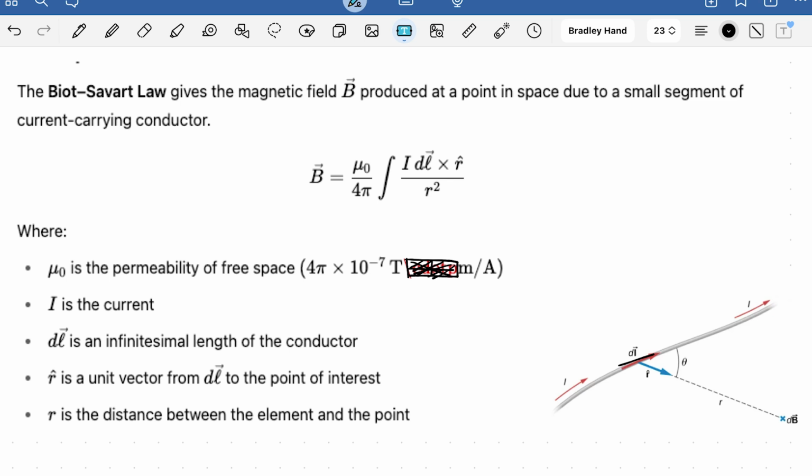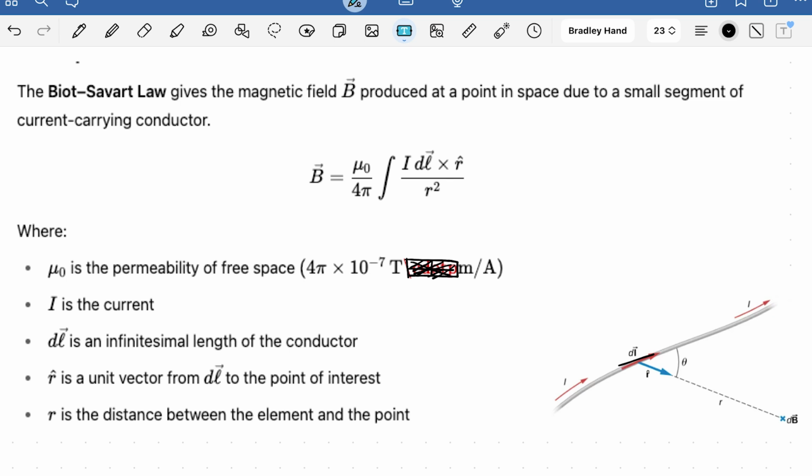So there are four factors here: the current, the length of the conductor, the angle, and the distance of that point from the conductor. And according to Biot-Savart law, the total magnetic field is given by mu naught by 4 pi integral I dl by r squared.